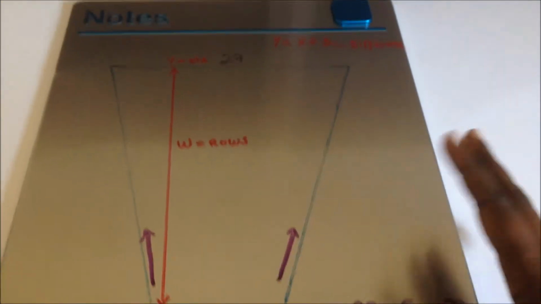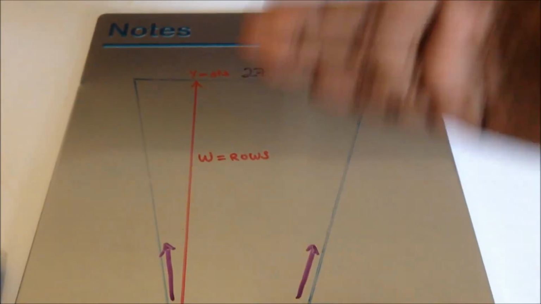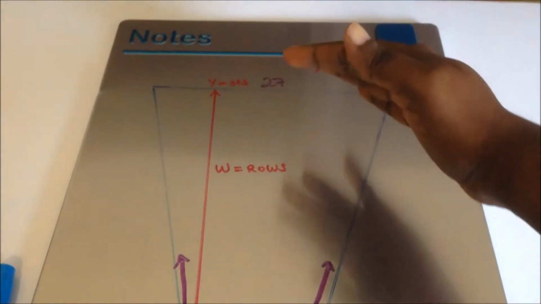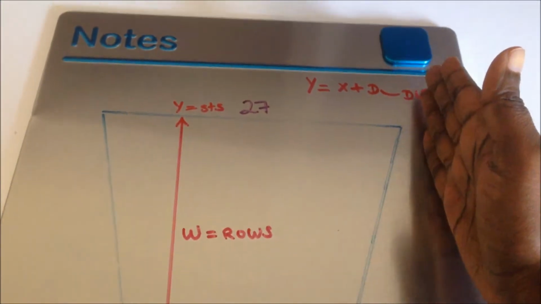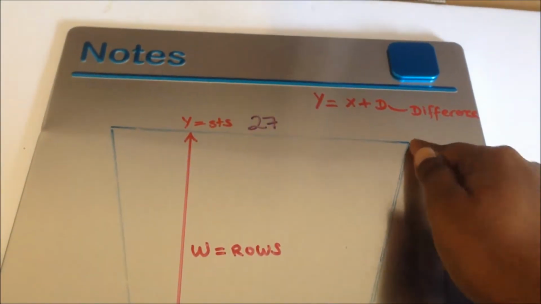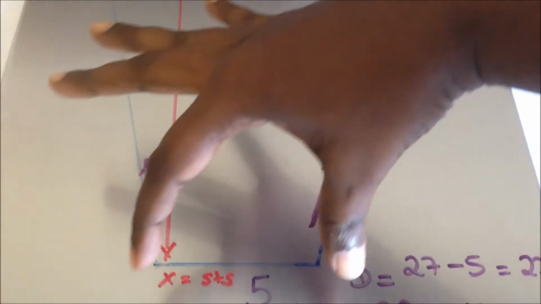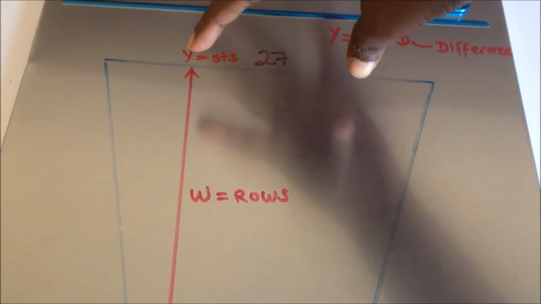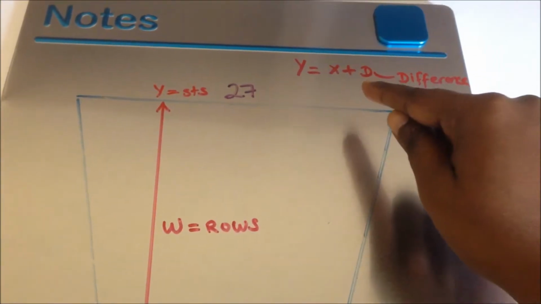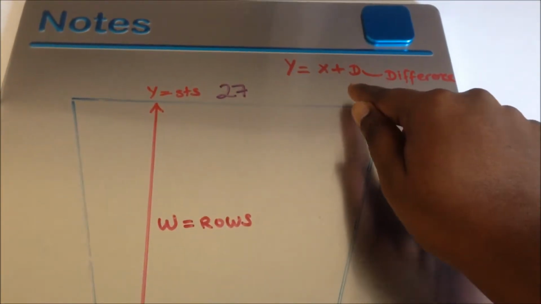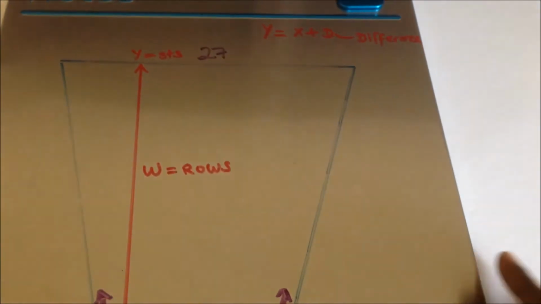Basically we're going from some number of stitches to another number of stitches over a number of rows. If you draw a rectangle, you have equal amounts on both sides, and those two sides together add up to D, which is the difference.